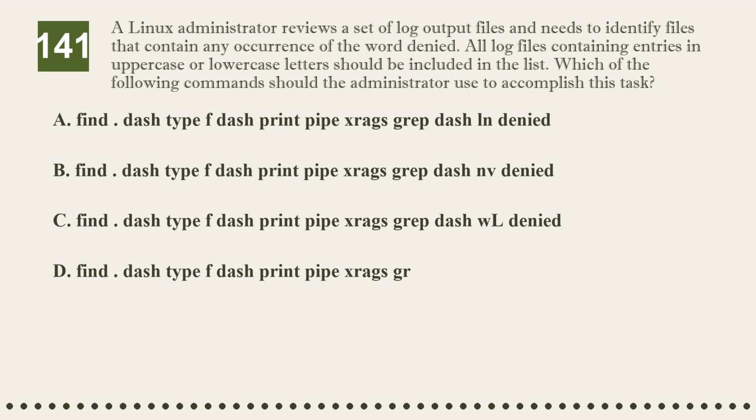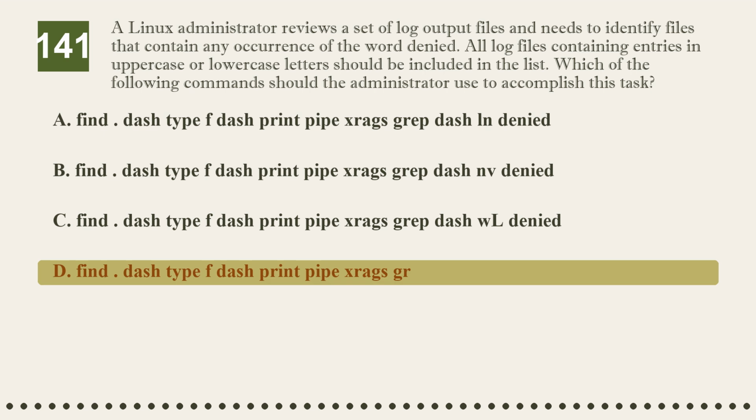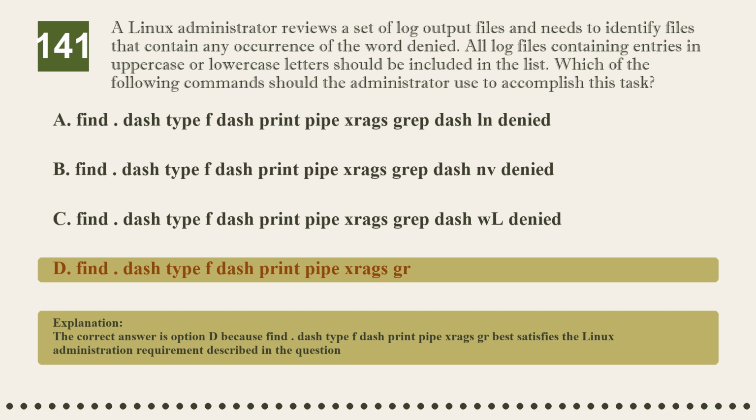Option C, find -type f -print | xargs grep -wl denied. Option D, find -type f -print | xargs gr. The correct answer is option D, find -type f -print | xargs gr. The correct answer is option D because it best satisfies the Linux administration requirement described in the question.